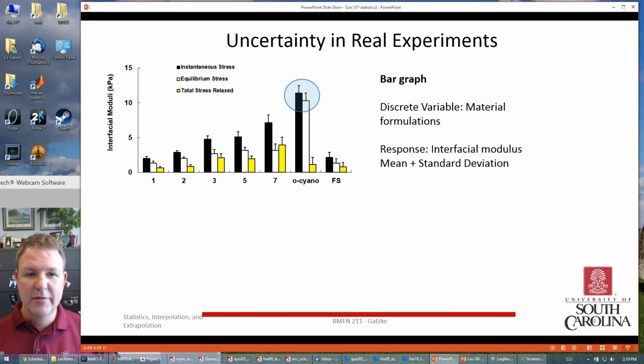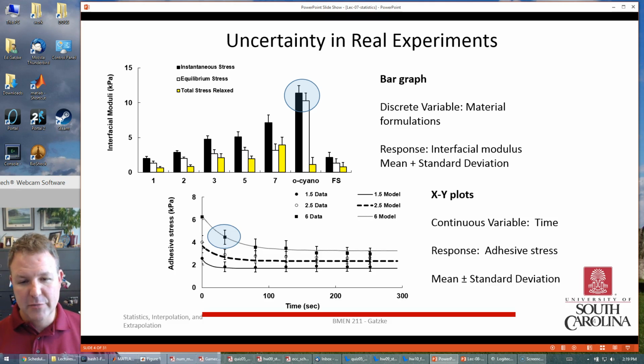So in real experiments, you can use a bar graph. In this case, you change the material formulation for different polymers, and then you look at basically the strength of the polymer. Every material, every experiment is going to be different, so you have uncertainty error bars above the bar graph to represent how uncertain the system is. Sometimes we have XY plots.